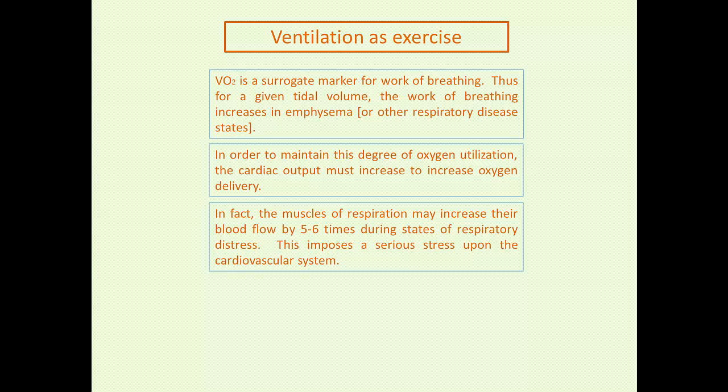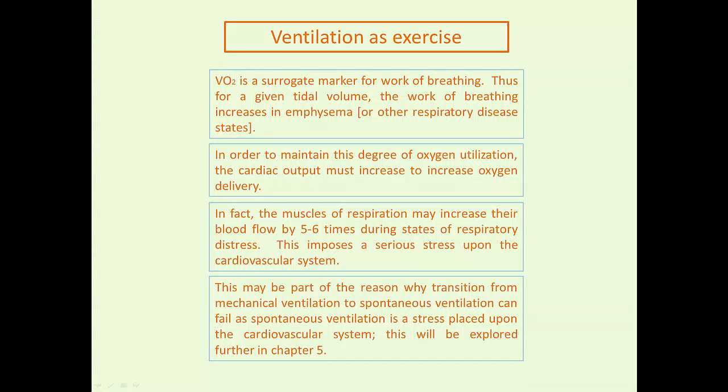And this is an often quoted number, but the muscles of respiration can increase their blood flow by 5 to 6 times during states of respiratory distress, and this imposes not a mechanical stress upon the cardiovascular system, but certainly this will perturb the physiology to a great extent, and this is simply a result of changes in oxygen kinetics.